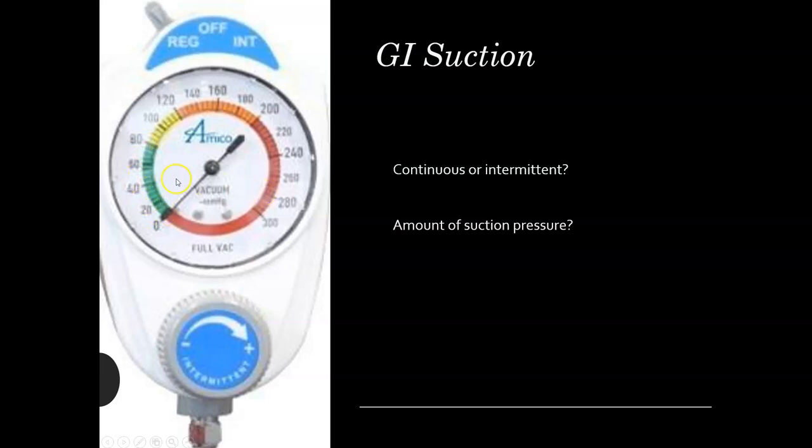Or sometimes they'll say to 20. All right. So if it's ordered for continuous, it's usually low wall suction. Intermittent just means not continuously, just probably as needed. So if you need to hook them up for whatever reason, or if you have some physician orders that call for intermittent, that just means the suction's not going to be running constantly.